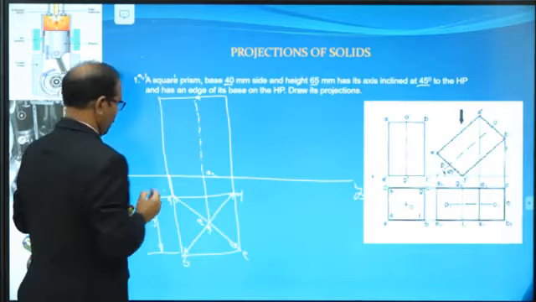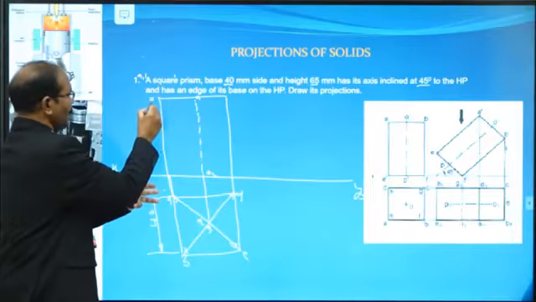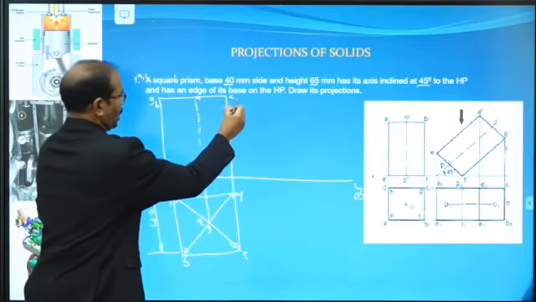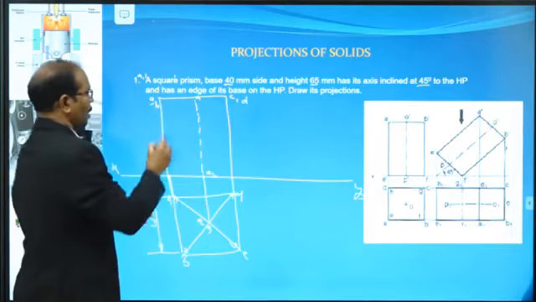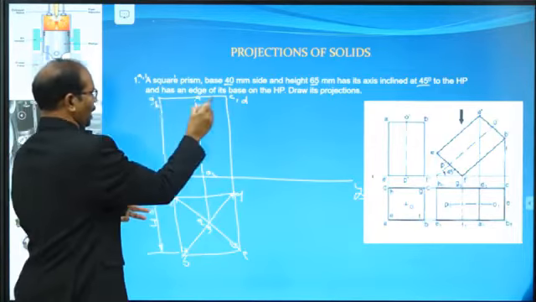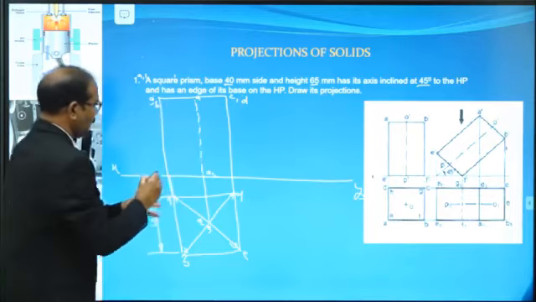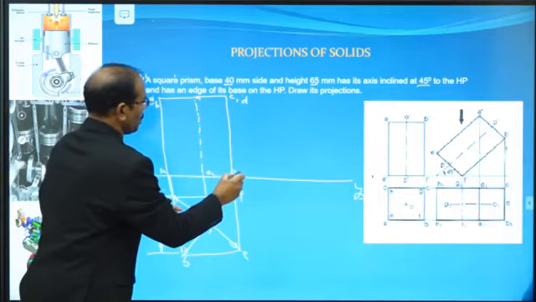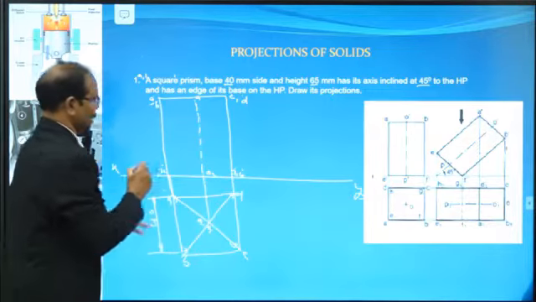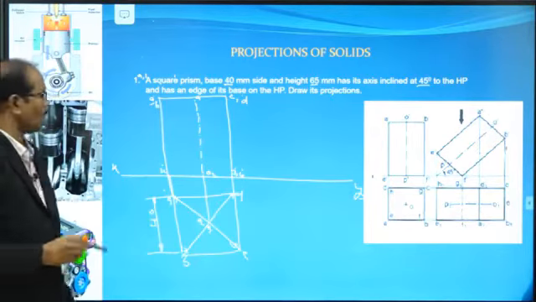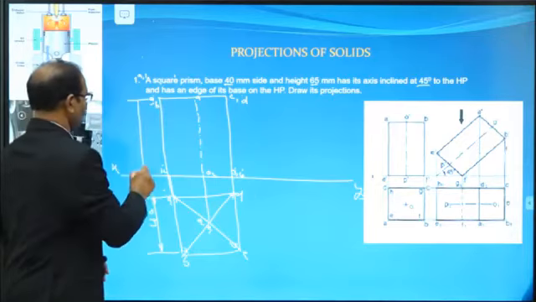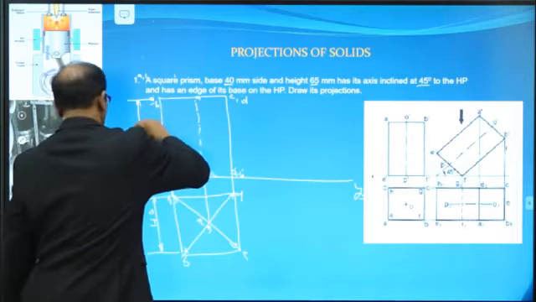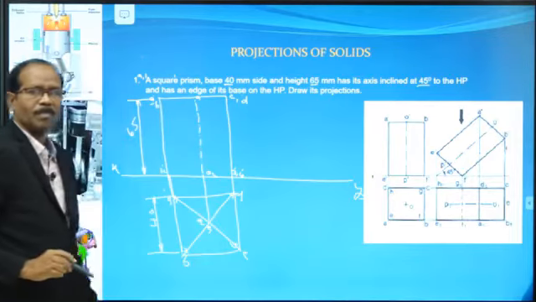Now this is the height. This is A, comma B, C, comma D. Because these are hidden in the front view, dashes are required. Here it is 1, comma 2, 3, comma 4 with dashes. Now the given height of this object is 65 mm.